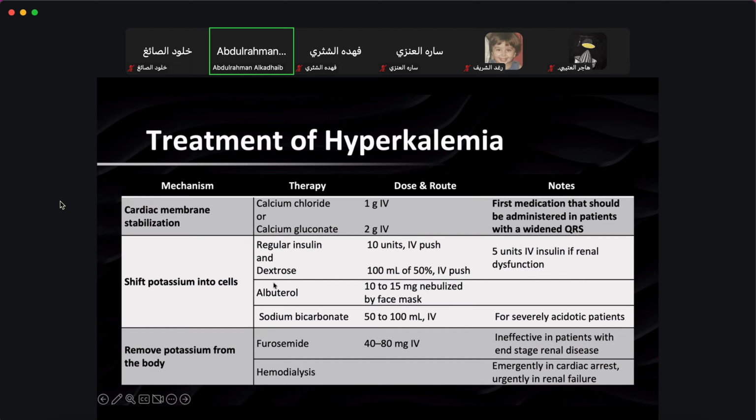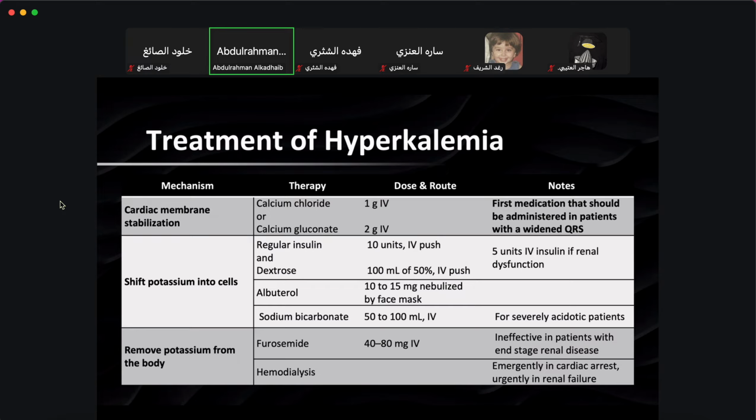So the last type of the antihyperkalemic medications are basically the potassium removers, or the medications that remove the potassium from the body. And they may include either diuretics such as furosemide or hemodialysis. And just keep in mind that furosemide may actually not work in patients with end-stage renal disease, basically because those patients cannot excrete urine.